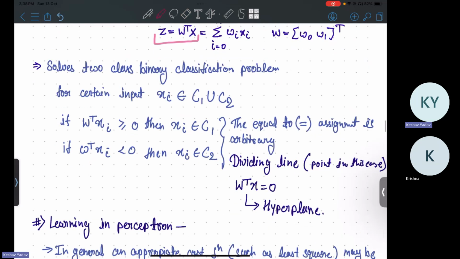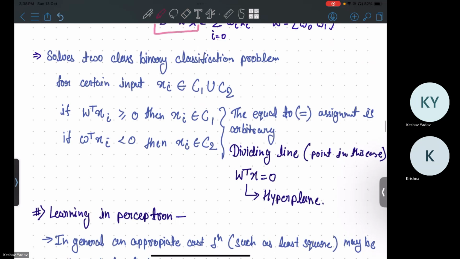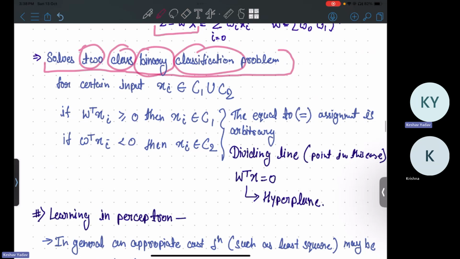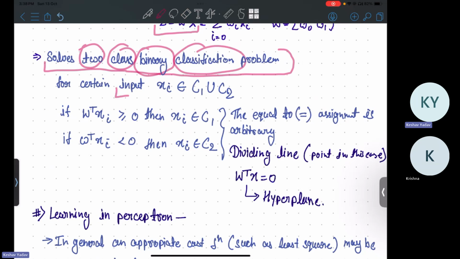So how will we solve this problem? This can be used to solve a two-class binary classification problem. Perceptron is generally used to solve two-class binary classification problems. It means we have an input xi that belongs to C1 union C2, where C1 is category 1 and C2 is category 2.